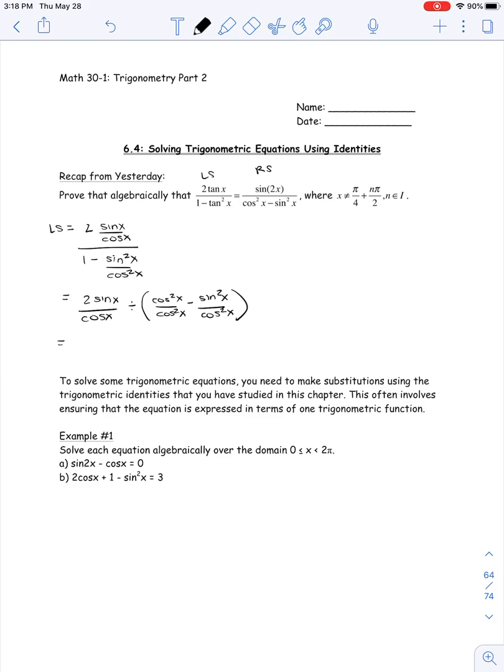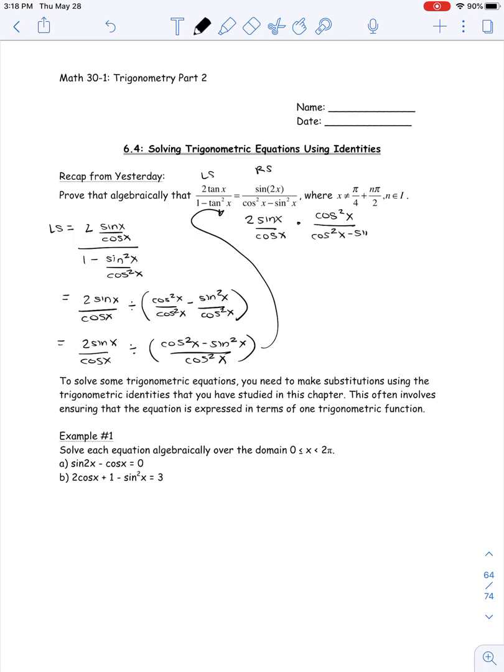Now we write it as one common denominator over cos squared x. Our next step will be to flip that second fraction, so I'm going to multiply by cos squared x at the top over cos squared x minus sine squared x.